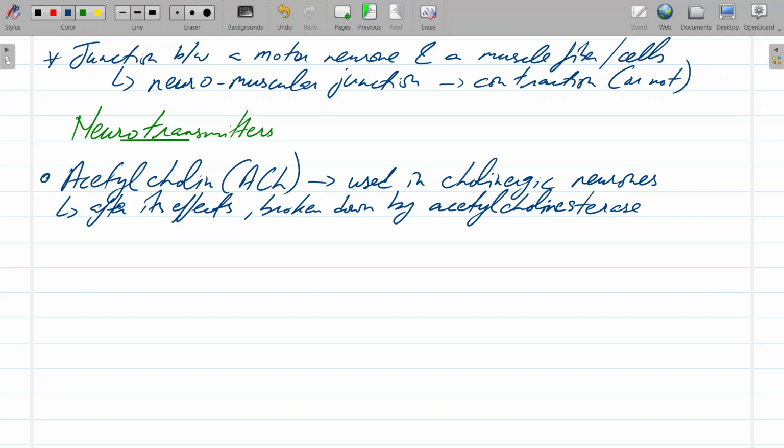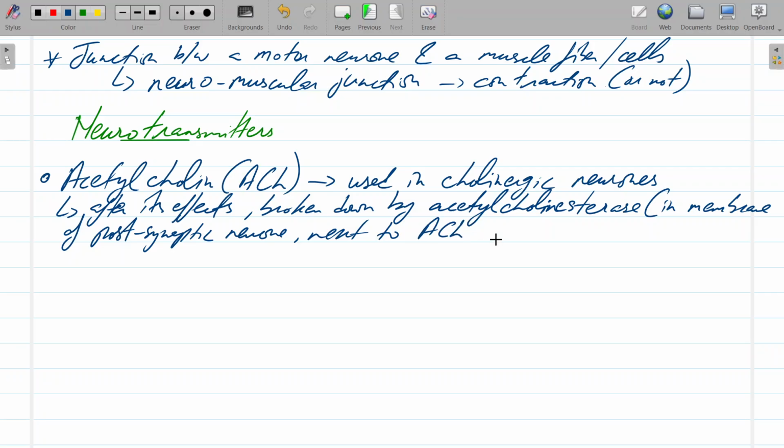And this enzyme is present in the membrane of the postsynaptic neuron, next to the acetylcholine receptor.